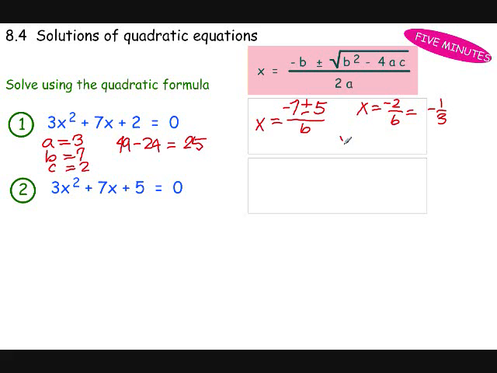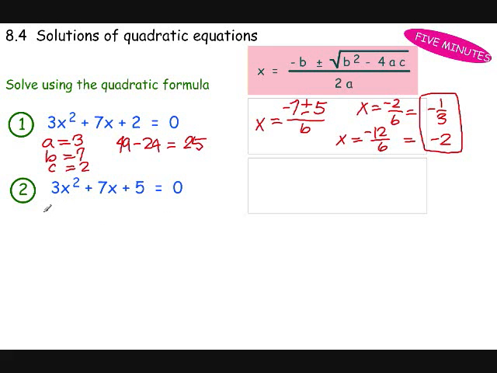The other possibility is x is equal to negative 7 minus another 5, which would give me a negative 12 divided by 6. So in that case, x would be equal to negative 2. So I have two solutions. What do I expect to have with a quadratic? That's right, two solutions, so that's good.